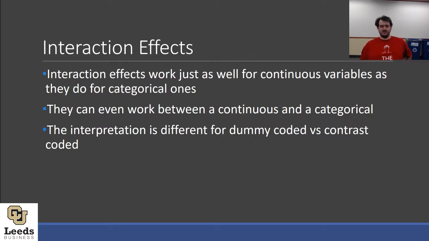So you can have age, continuous, times sex, which for purposes of how it's coded on the Titanic project, is binary. But you can multiply any combination of continuous and categorical because they're all being turned to numbers.